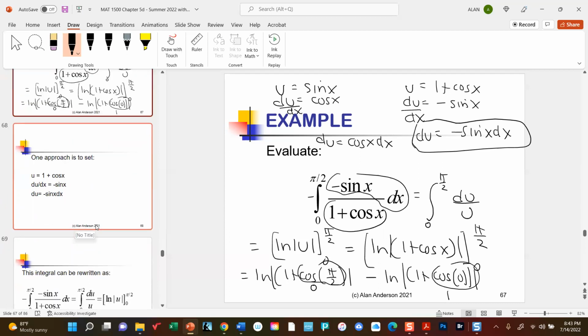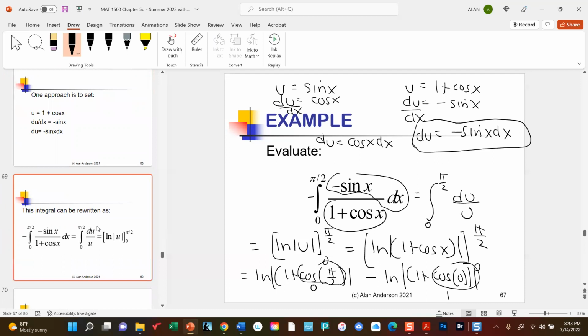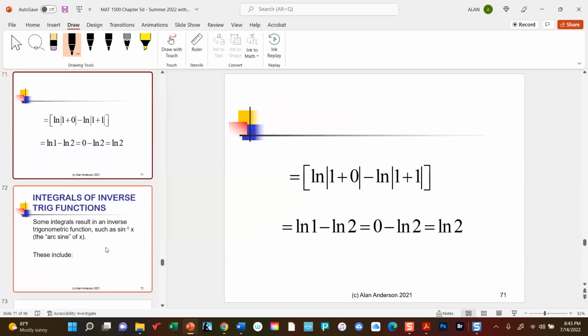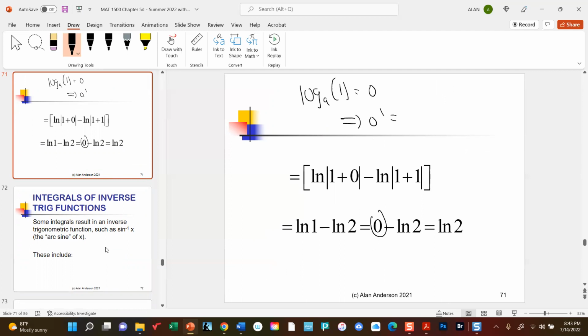It's the log of 1 plus 0 minus the log of 1 plus 1, as you can see here. So it ultimately ends up being the log of 1 minus the log of 2. Now, the log of 1 is just 0. The log of any base of 1 is always 0 because a to the 0 power is 1.